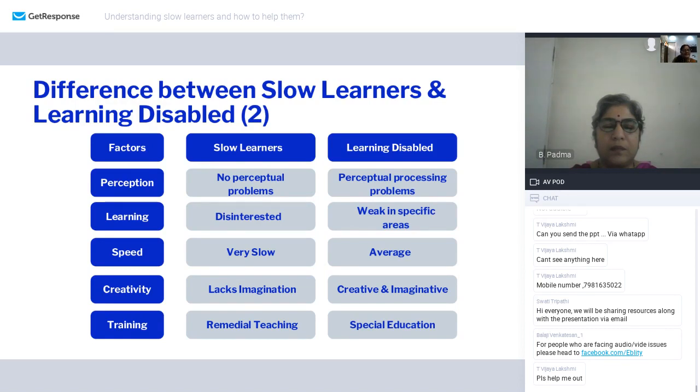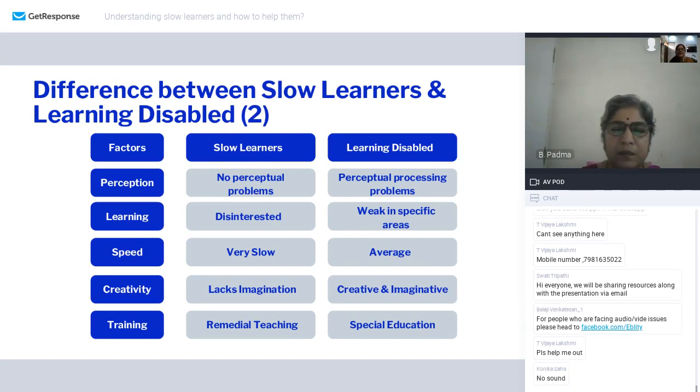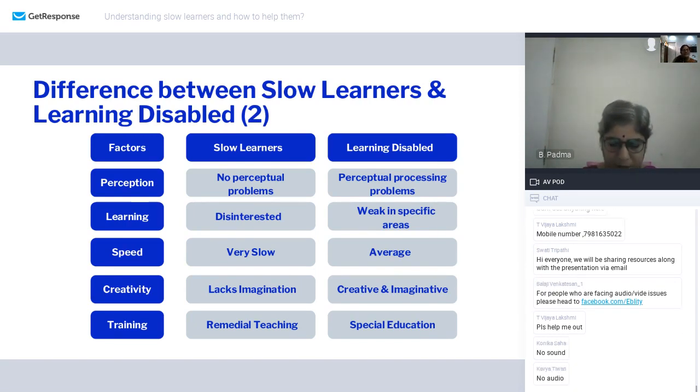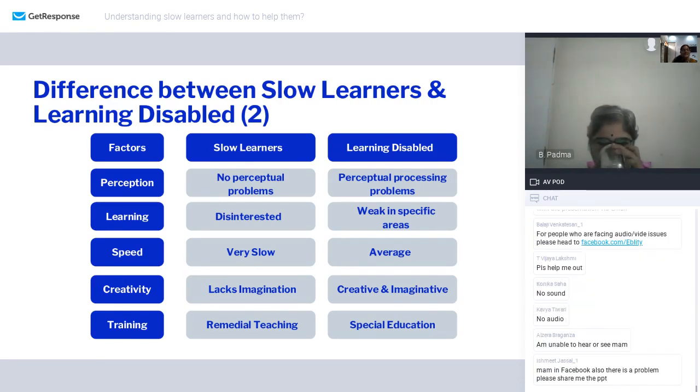The slow learners have very slow speed in functioning, whereas the learning disability have average functioning. Slow learners lack imagination and creativity, whereas creativity and imagination is very good with the learning disabled, and they are using the qualities of the right brain. The slow learners require remedial teaching, whereas the learning disabled require special educational services.